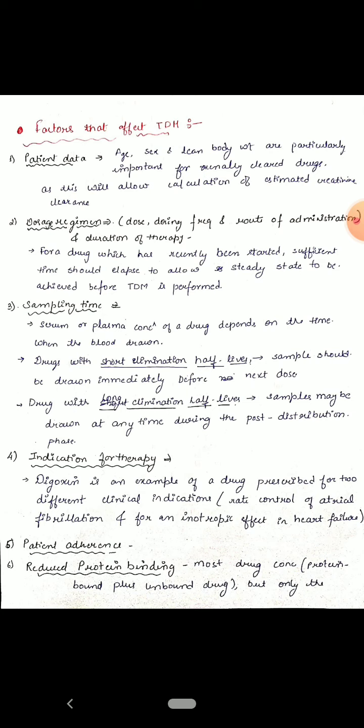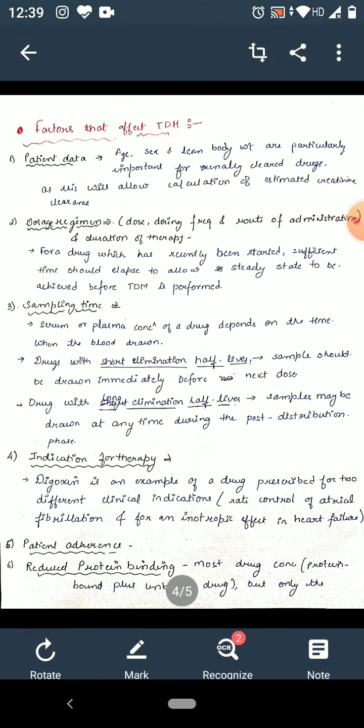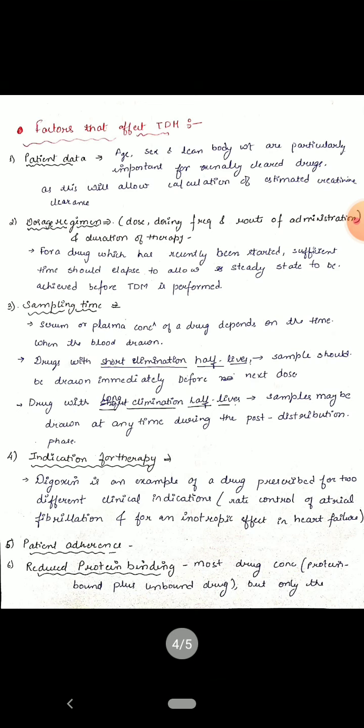Next is the sampling time. Serum or plasma concentration of the drug depends on the time when the blood is drawn. For drugs with short elimination half-lives, samples should be drawn immediately before the next dose. For drugs with long elimination half-lives, samples may be drawn during the post-distribution phase.